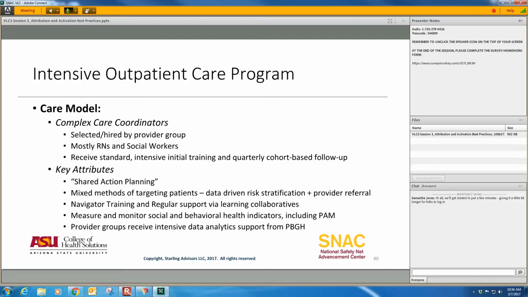And these folks received a standardized training curriculum. They received a very comprehensive initial training together as a cohort, and then regular follow-ups as a cohort.